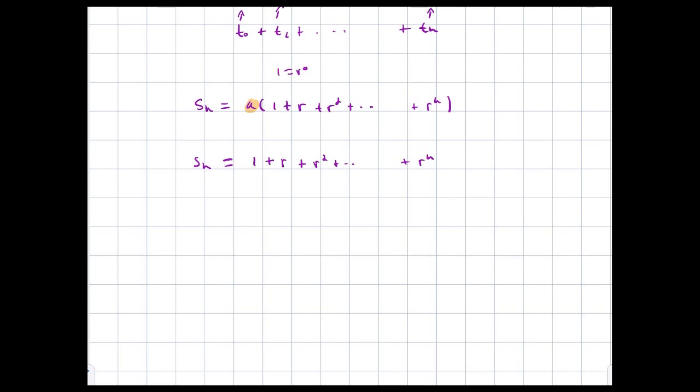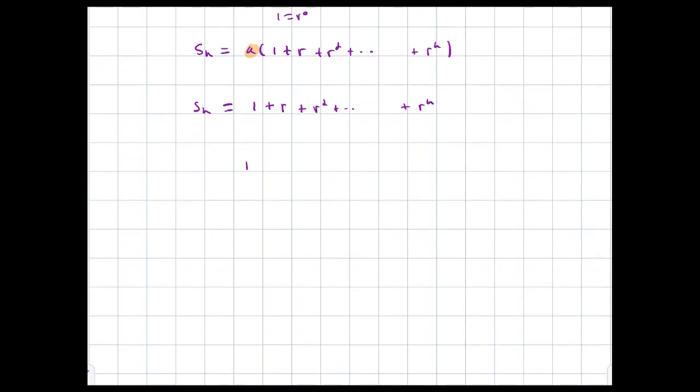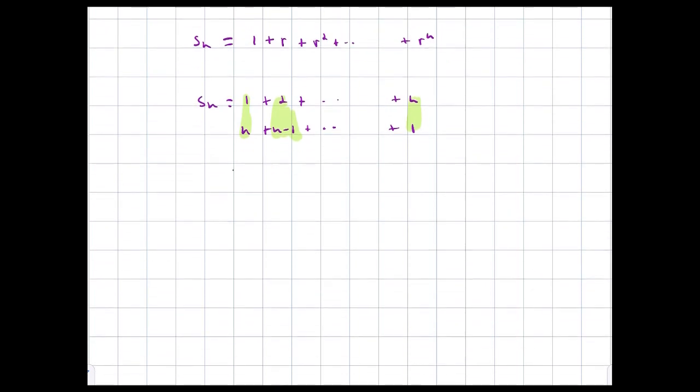And if you remember, when we looked at the sum of the first n natural numbers, so 1 plus 2 plus all the way through n, the way that we figured out the formula for that was we did this little trick where we added the same sum in reverse. So we added n, then n minus 1, then n minus 2, all the way through, and we got n plus 1 plus n plus 1 all the way through n plus 1.